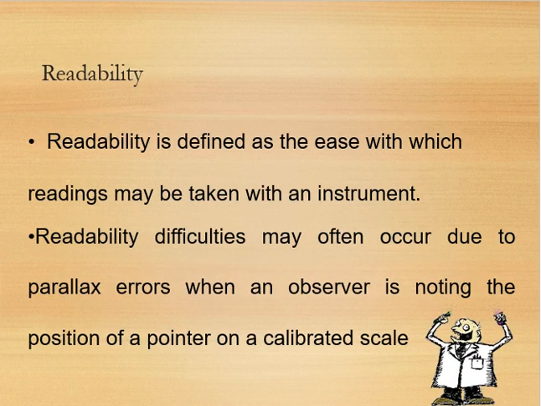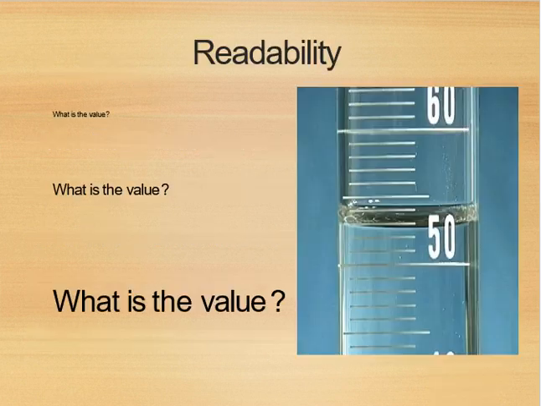So see again, readability in depth. Readability is defined as the ease with which readings may be taken with an instrument. Readability difficulties may often occur due to parallax error when an observer is noting the position of the pointer on a calibrated scale. So readability is nothing but this scale's visibility, we can say. So what is the value?